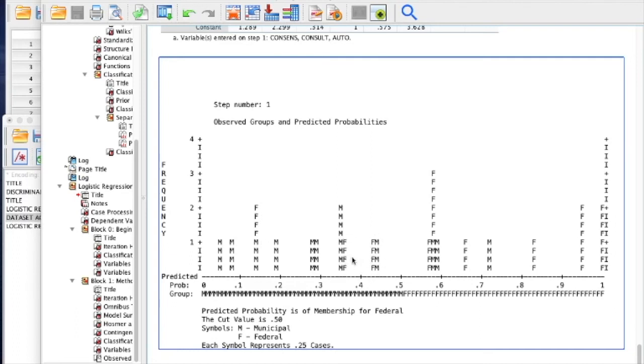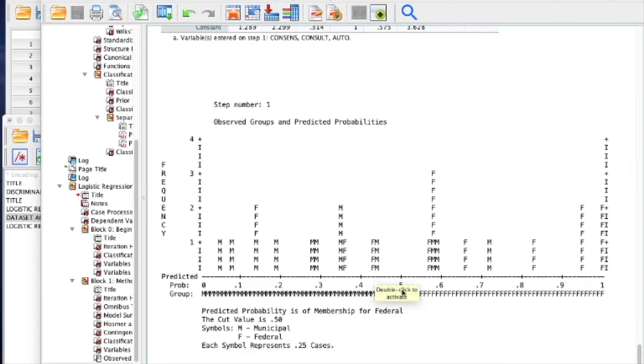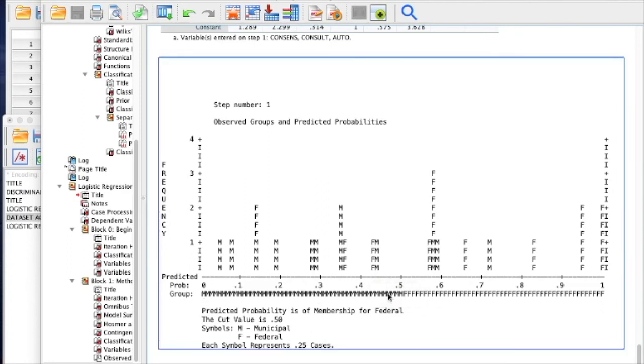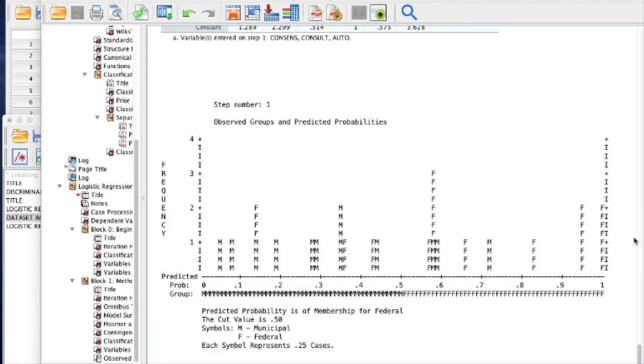So here are the 3 cases that should be at the federal level, but they're misclassified as belonging to the municipal level because the result was on this end of the predicted probability graph. On the other hand, there are cases with a higher value, and so they were misclassified as belonging to the federal level, but really they were at municipal. So essentially that's all it's doing.